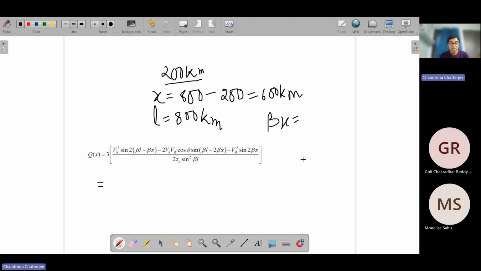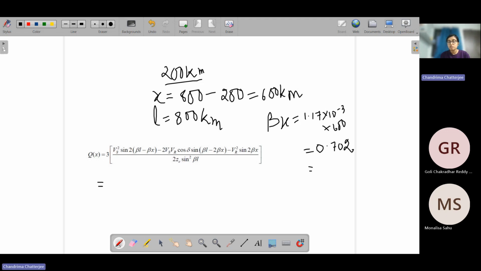Sorry, beta was 1.17 times 10 power minus 3 radian per kilometer, and let's multiply it with 600. So this is 0.702 radian.